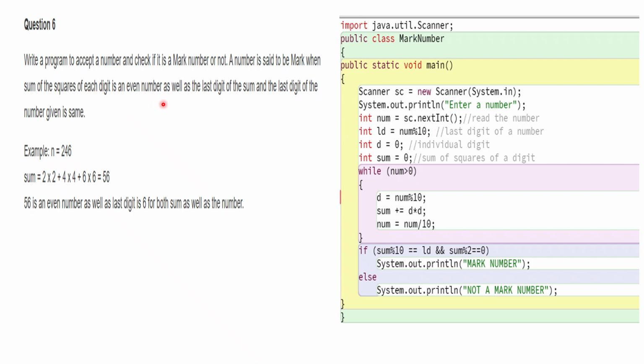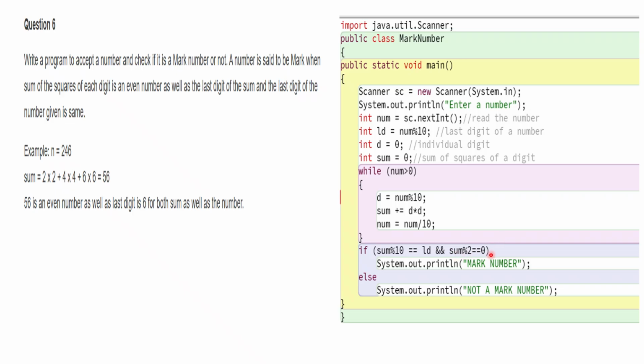How will you get the even number? If that number is divided by 2 and the remainder is 0, so sum modulus 2 gives remainder 0, it is an even number.